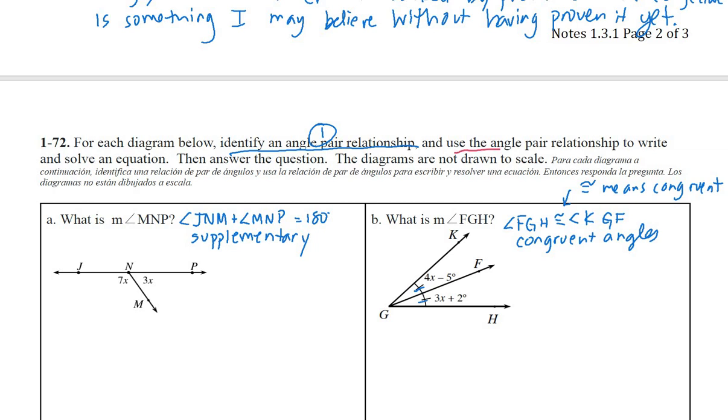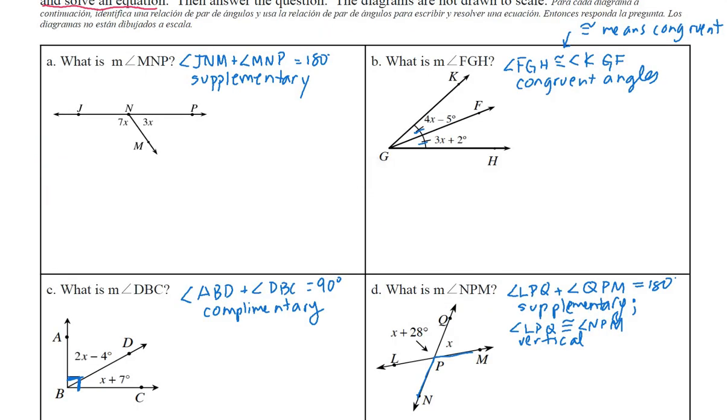We're going to use the angle pair relationship to write and solve an equation. That's part 2. Here I have 7x plus 3x equals 180. That's 10x equals 180. Divide both sides by 10, and I have x equals 18 degrees.